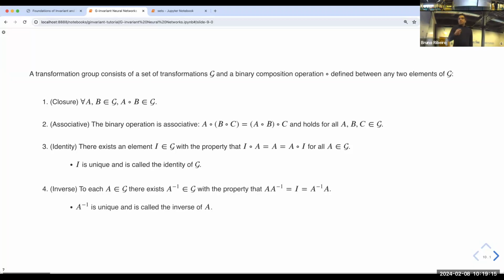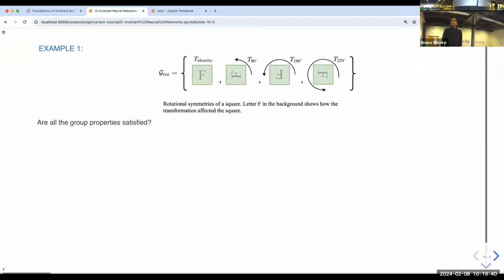And finally, an important property, which further restricts the applications we can use this for, is that the transformation needs to have an inverse. There is always an inverse, so that applying the transformation and then applying its inverse will be the identity. And the inverse is unique for each transformation.